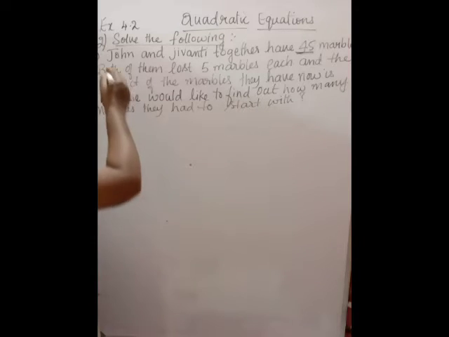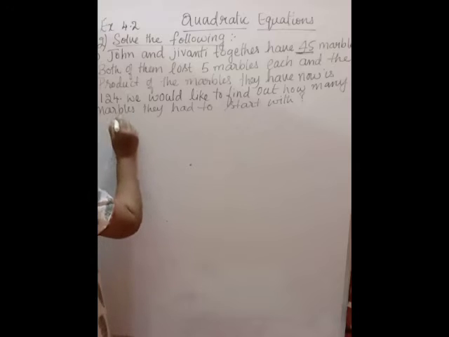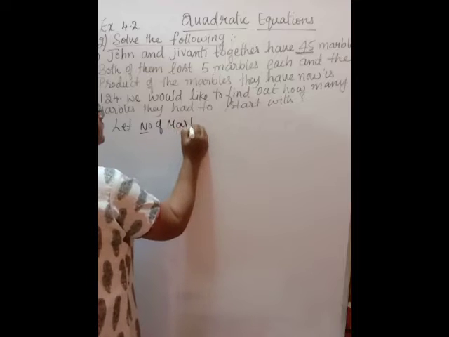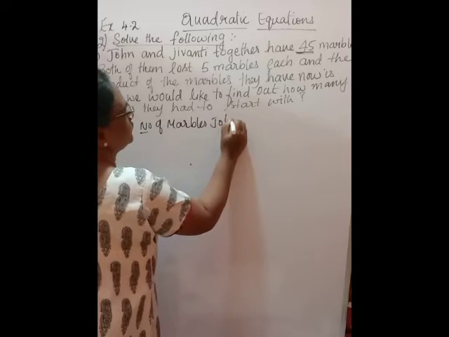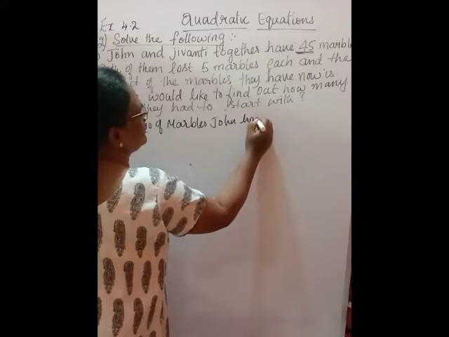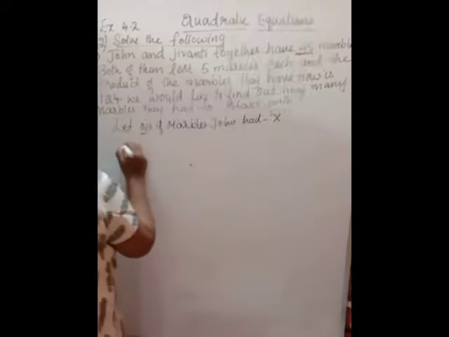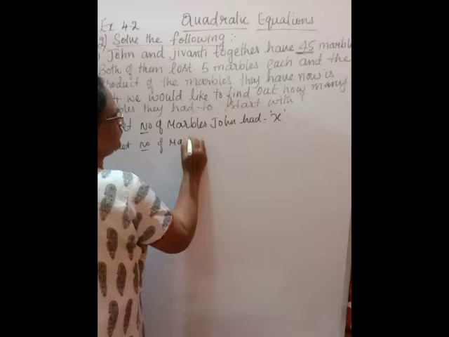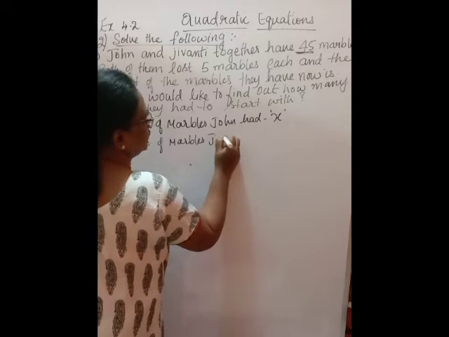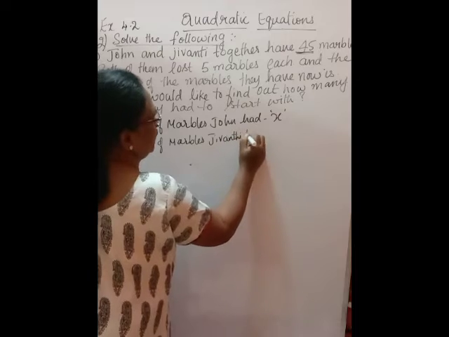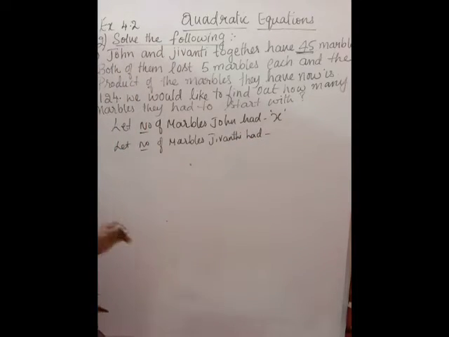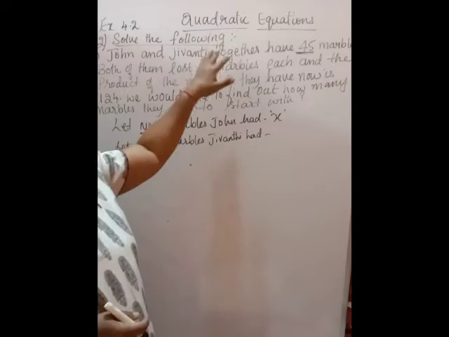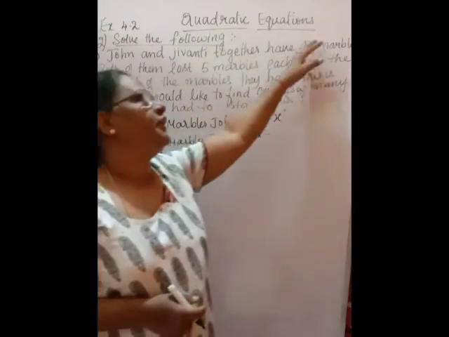First, let the number of marbles John had be x. Let the number of marbles Jivanti had be what? Together, the marbles with John and Jivanti add up to 45.